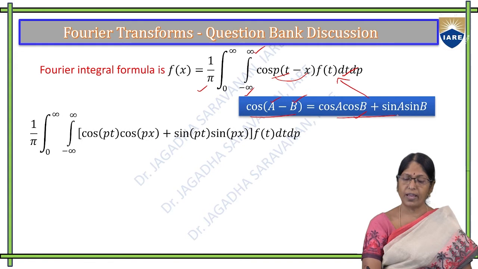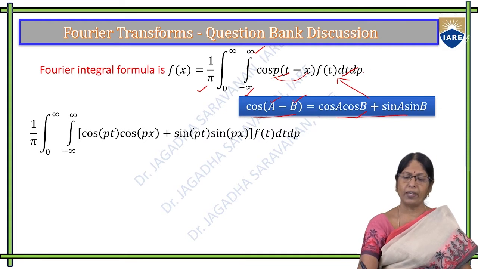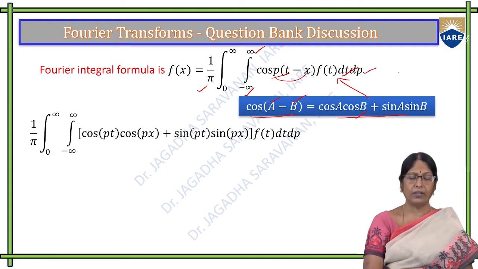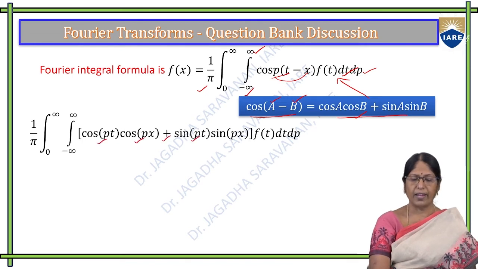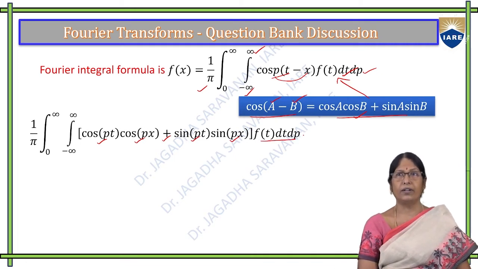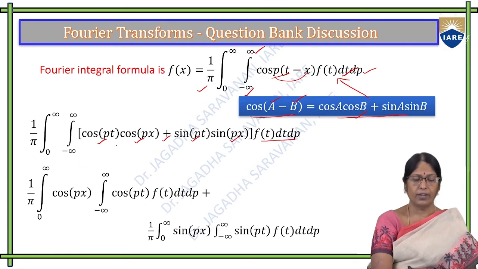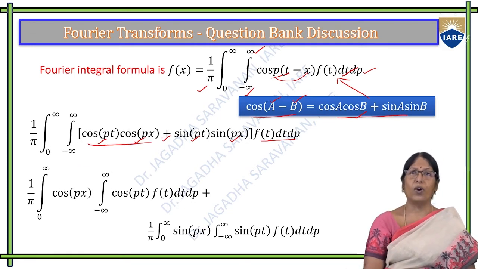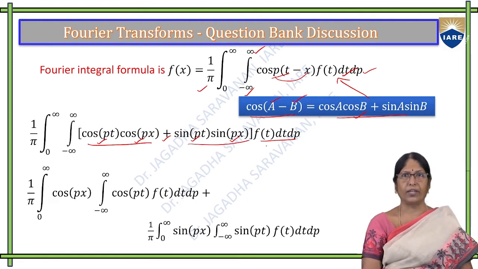Now for the right hand side, we use that capital A and capital B in our equation. That is cos A cos B plus sin A sin B, f(t) dt dp. Here we can notice that up to here is one integral, and this is also another one we can write as the second.